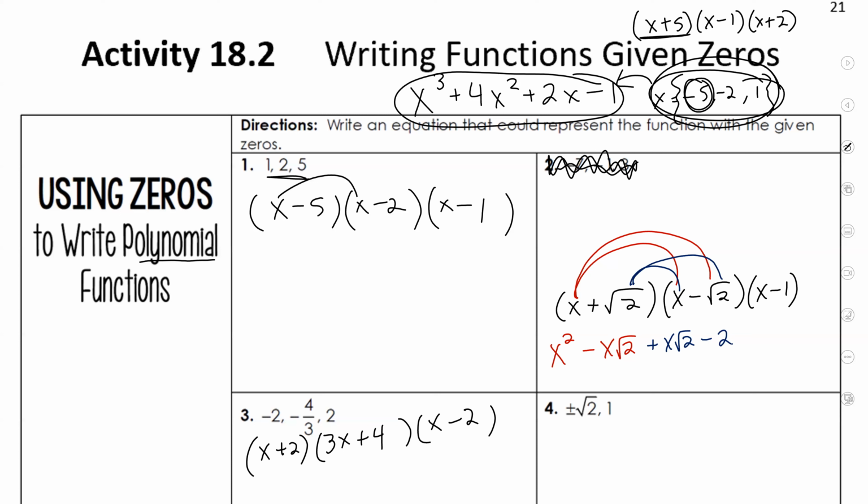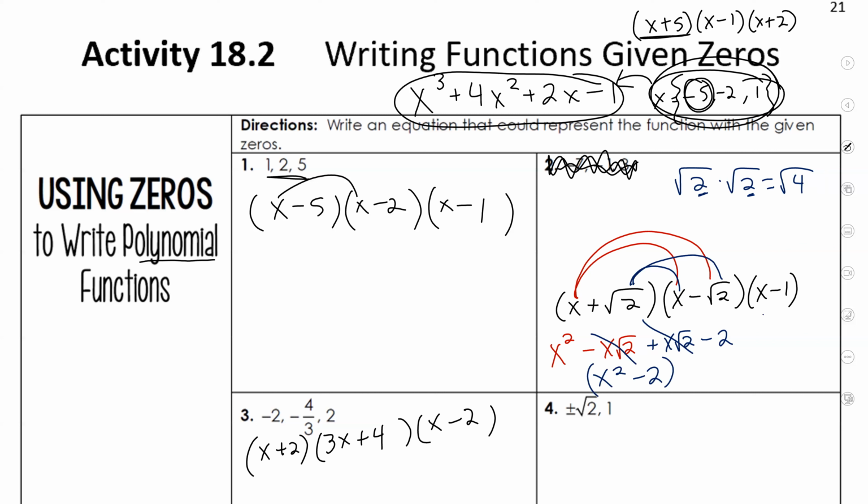Now, let me pause here and explain what just happened. The square root of 2 times the square root of 2 is the square root of 4. You multiply the radicands. The radicand is what's inside. And the square root of 4 is just 2. So that's how I got that. And do you see how these cancel? Okay, so I'm just left with x squared minus 2.